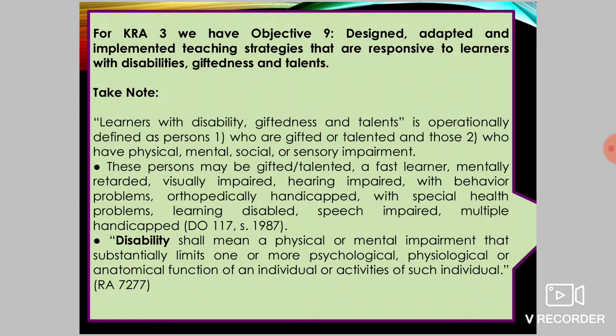Pag sinabing learners with disability, giftedness, and talents, operationalize yung mga yan. Persons who are gifted or talented and those who are physically, mentally, socially, or sensory impaired. These persons may be gifted or talented as fast learner, mentally retarded, visually impaired, hearing impaired, with behavior problems, orthopedically handicapped, with special health problems, learning disabled, speech impaired, multiple handicap, yan.